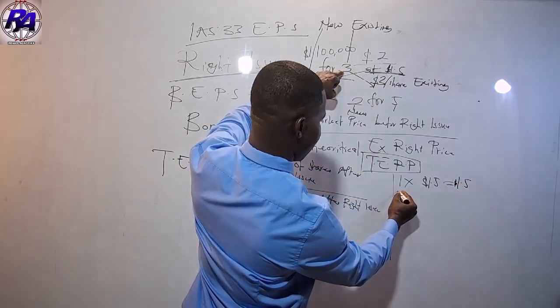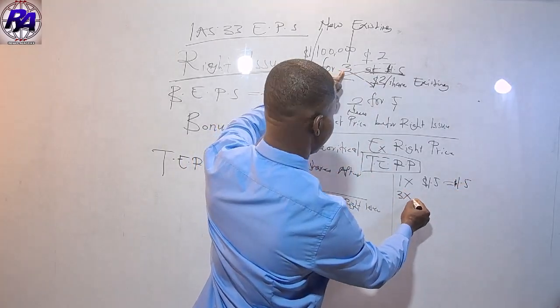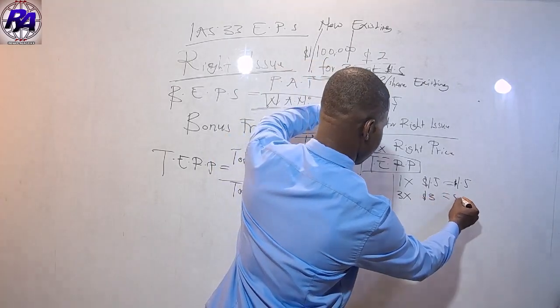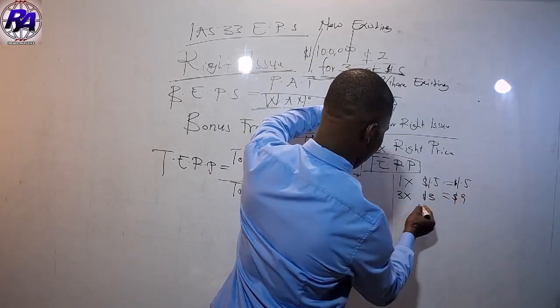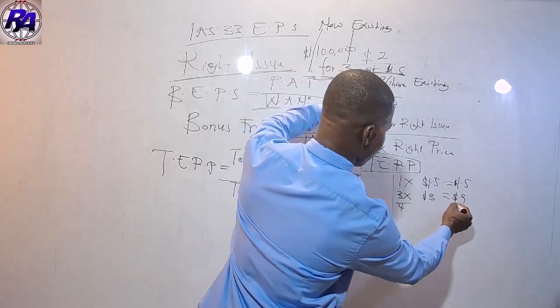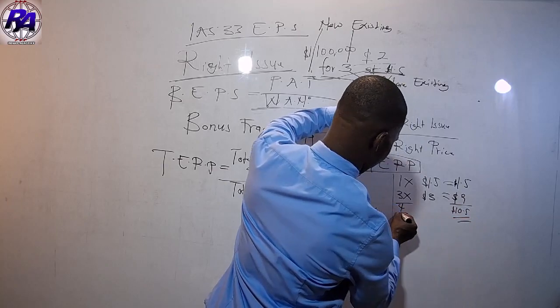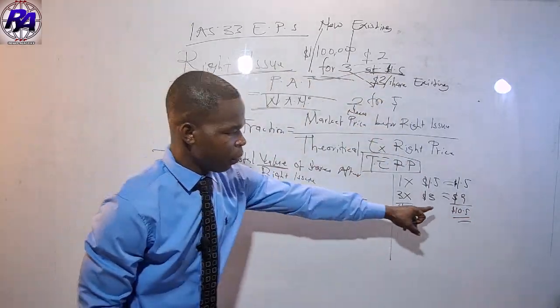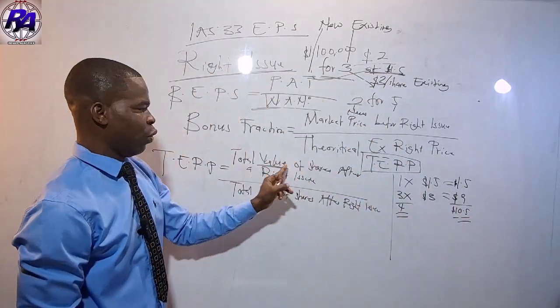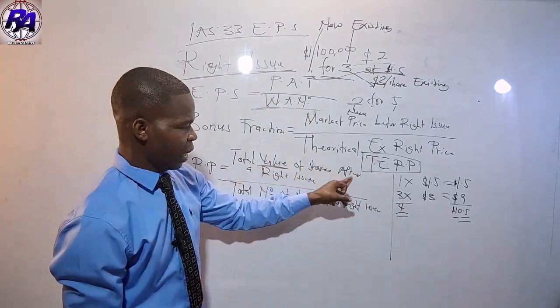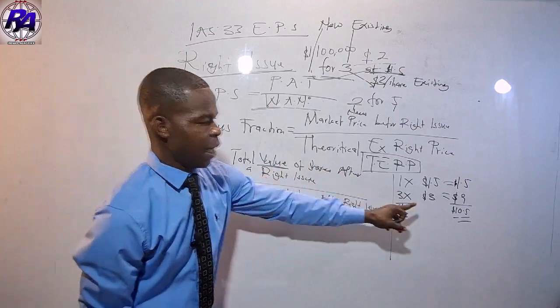Then the second one, 3 times our $3, is going to give us $9. Now we sum this up to get $10.5. This is what we call the total value of shares after the rights issue.